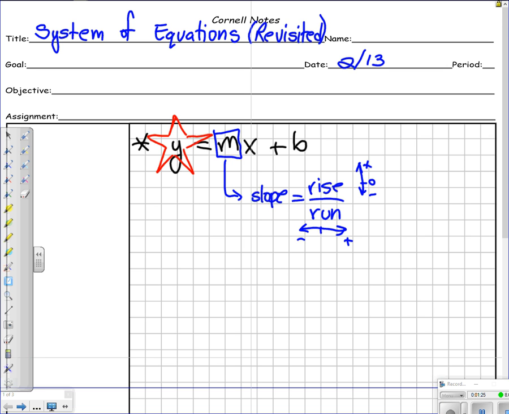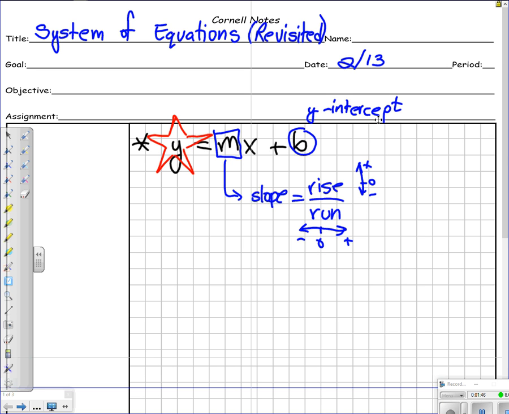If it's zero, you stay here. Okay. And the b value, that is called the y-intercept. And the reason it's called a y-intercept is that's where the line crosses the y-axis. So whatever the number is, you find it on the y-axis.